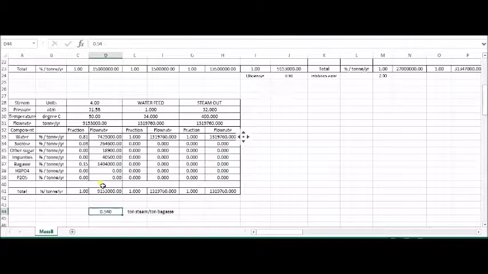Using the formula, we got that 0.94 of steam will be produced if one bagasse is used. So by using this equation, we got the amount of steam produced.